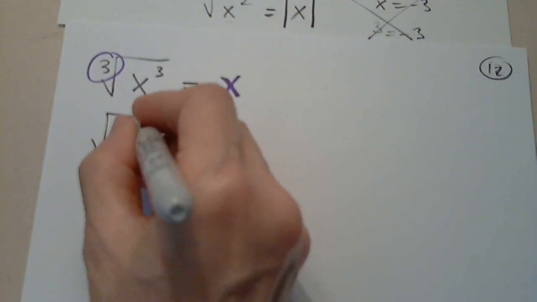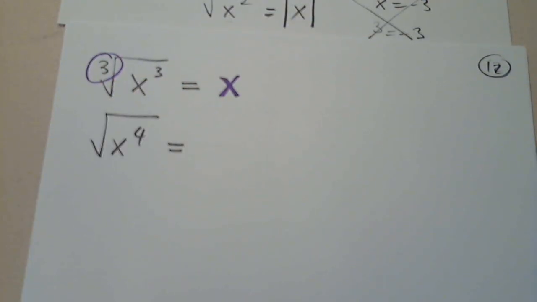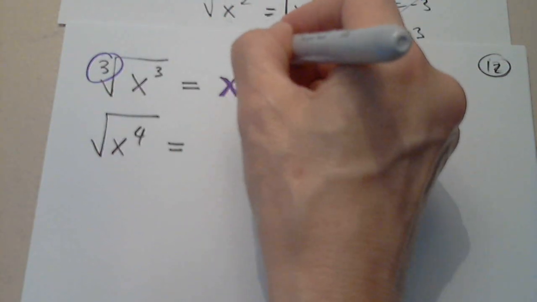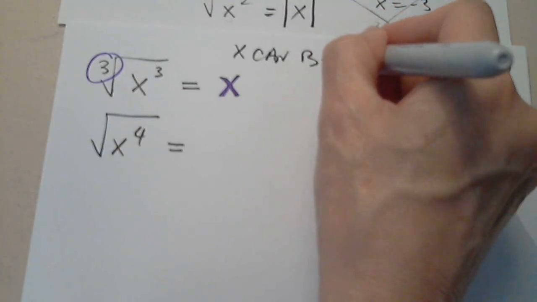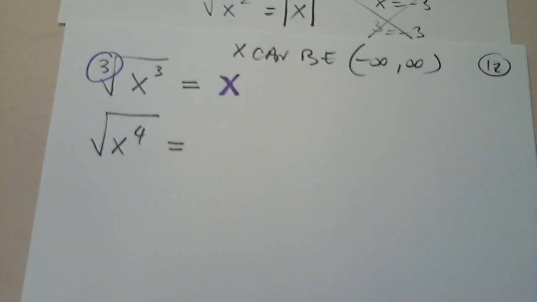Here's the next one. The square root of x to the fourth. How do I simplify this? For all these examples that we are working on right now, x can be anything. What do you think about this?